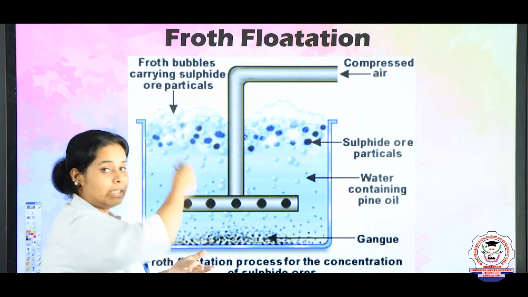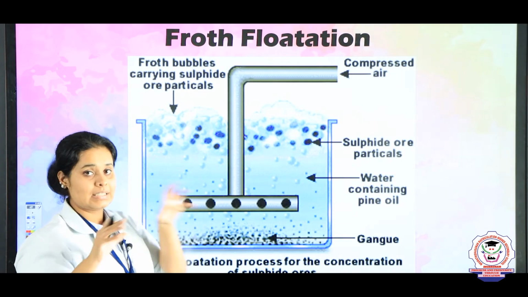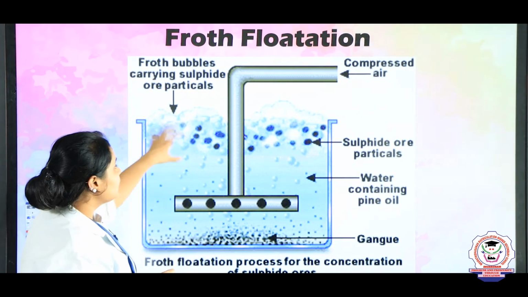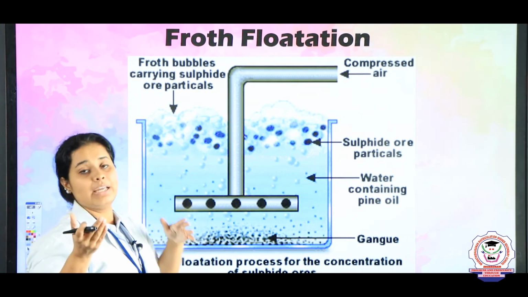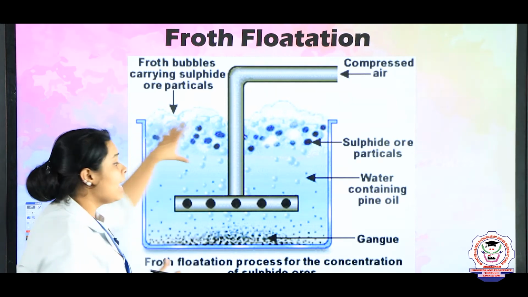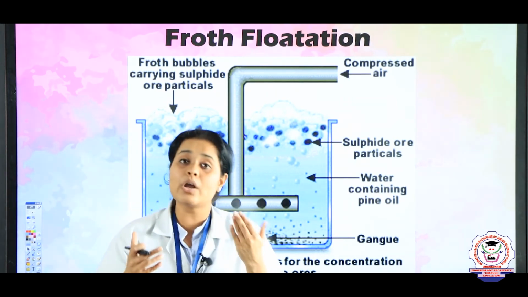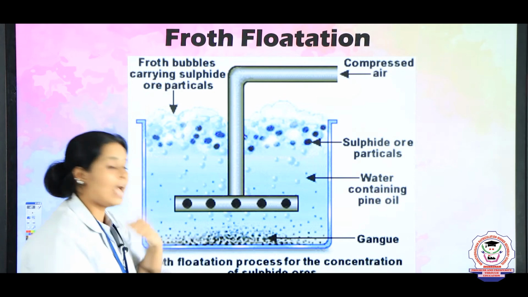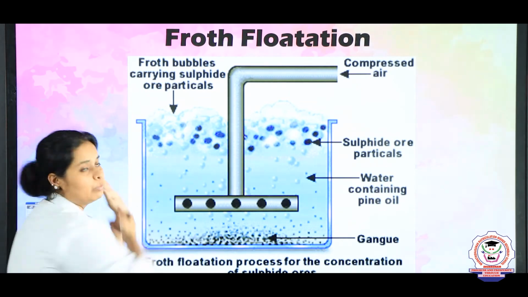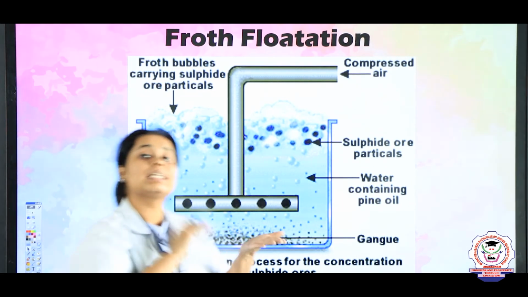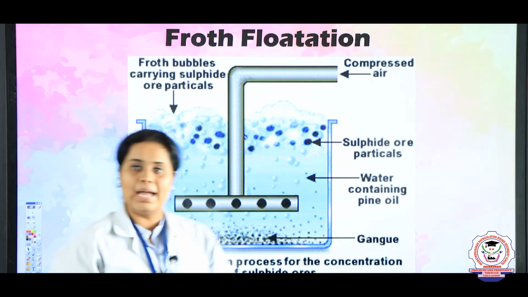When you are rubbing it, the sulfides will get mixed up with the foam, because they are lighter in weight, and the heavy gangue particles, which are the impurities, will get settled down. Later, when you remove the foam and do the cleaning, you will get the metal back.